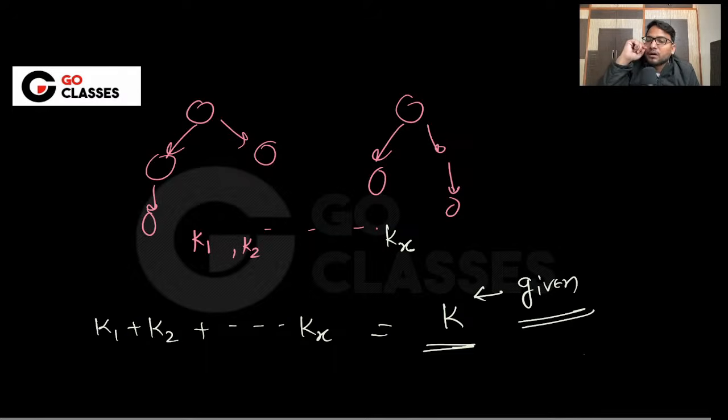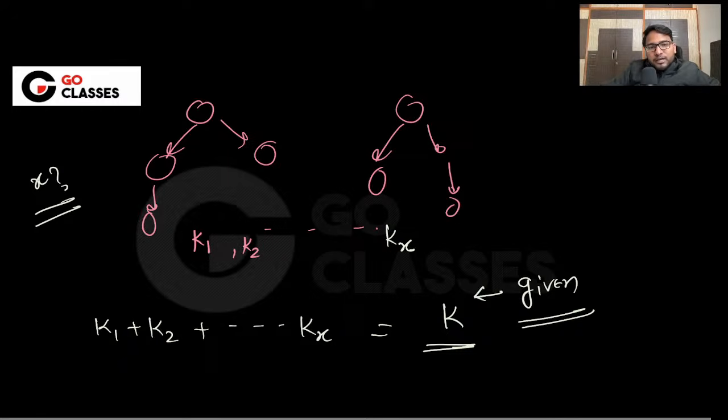Now, how many components are there? So basically they are asking for the value of x. How do we find the value of x? Let's assume there are x components, and the total number of edges is k.